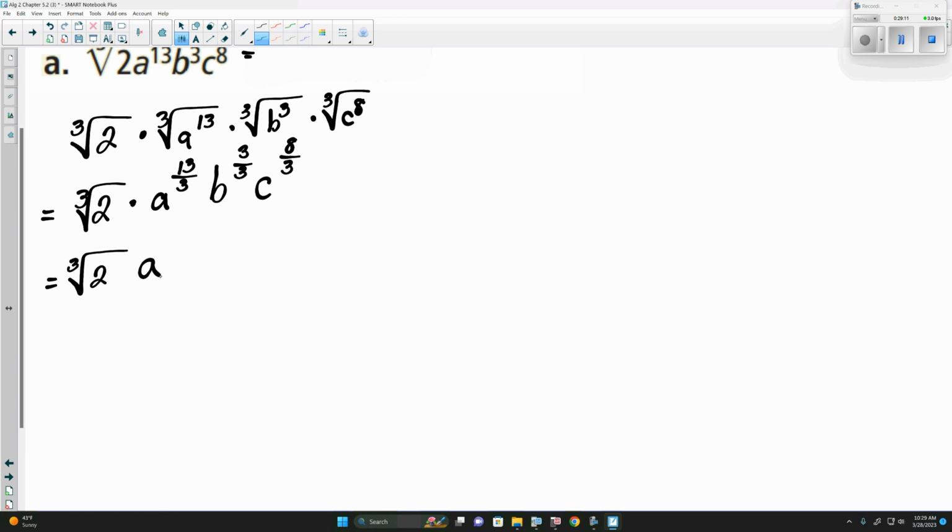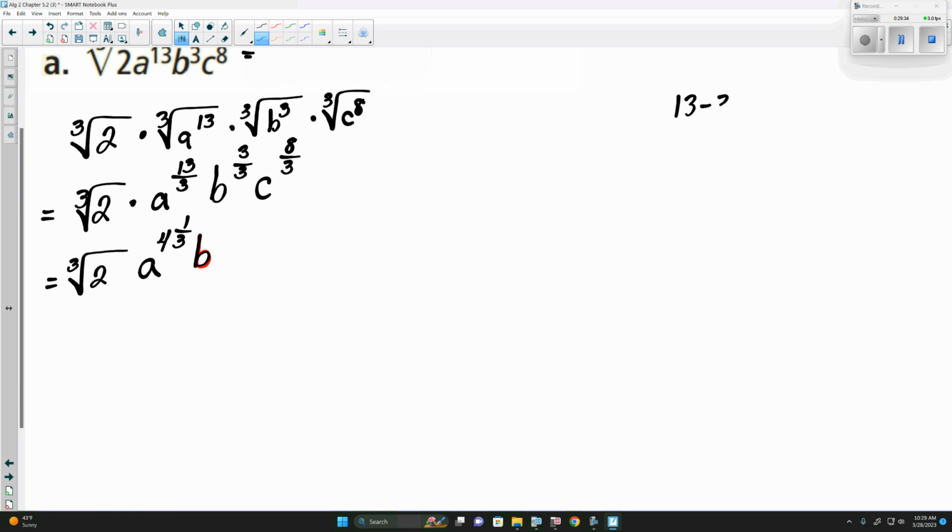Thirteen thirds would be what as a mixed number? Because we can take 3 away from 13 4 times. I mean, we could write that out over here.